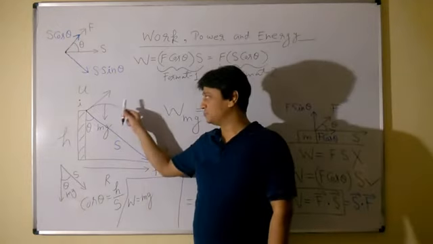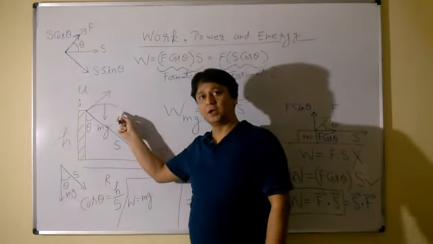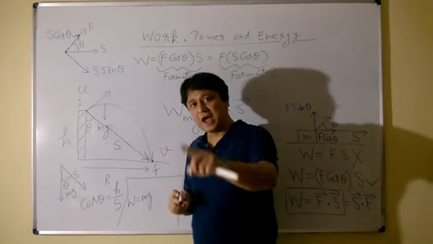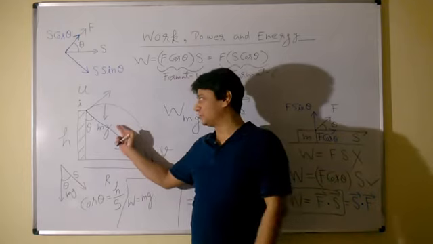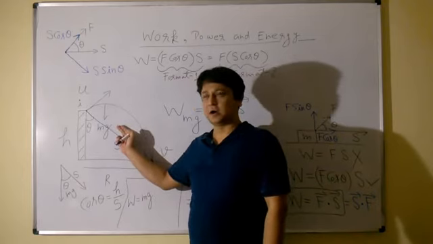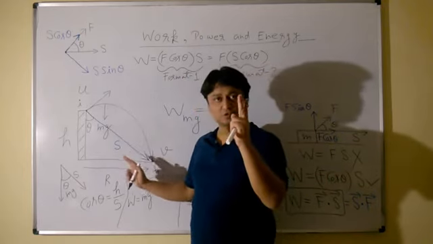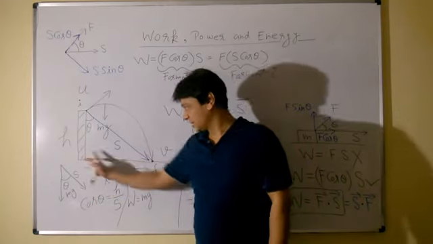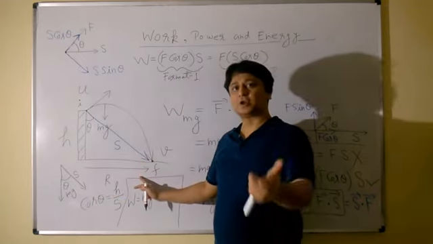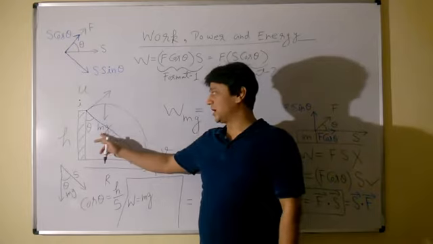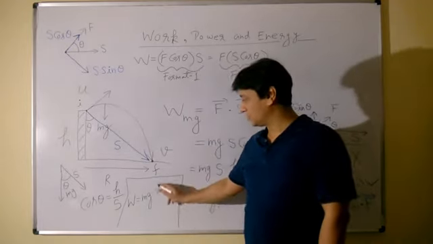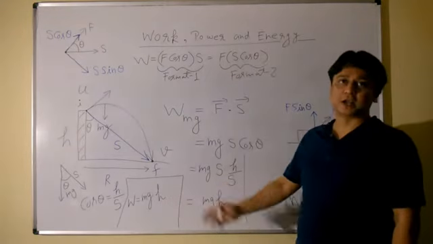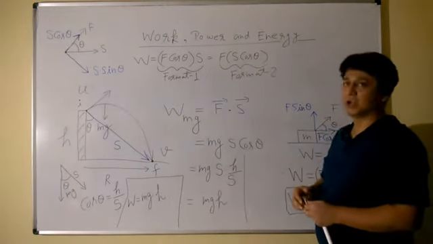Work done by mg is mg multiplied by that part of displacement which is in the direction of mg. What is that part? Displacement has two parts, h and r. इसमें से कौन सा part mg के डायरेक्शन में है? आपने बोला h, and therefore in just one line you can answer mg multiplied by h.